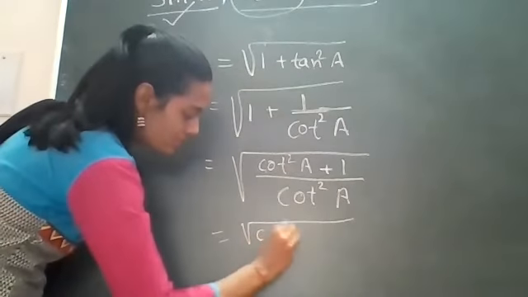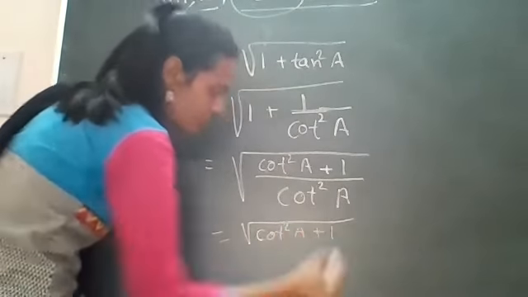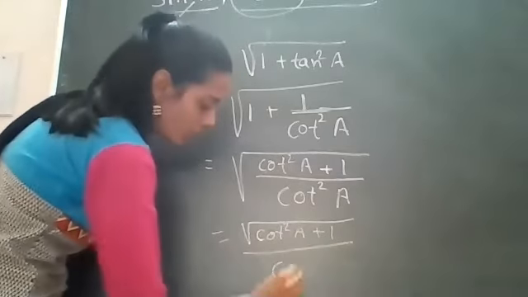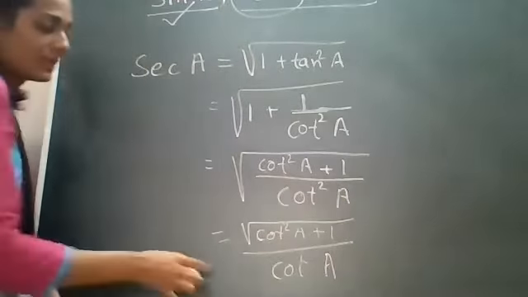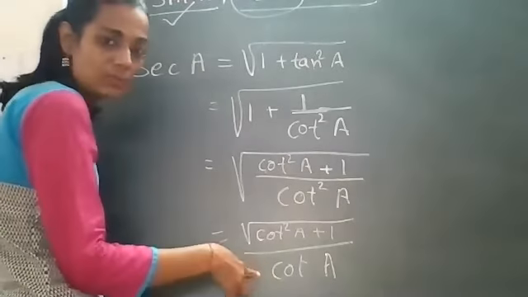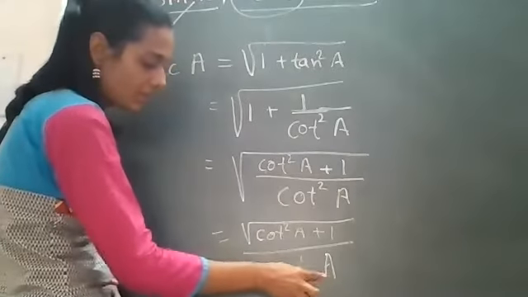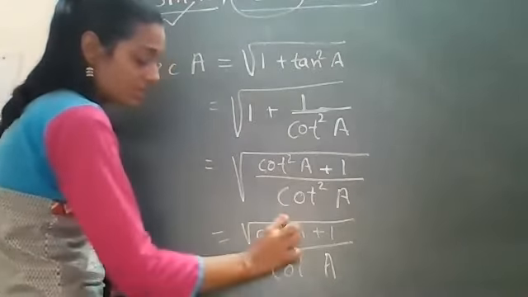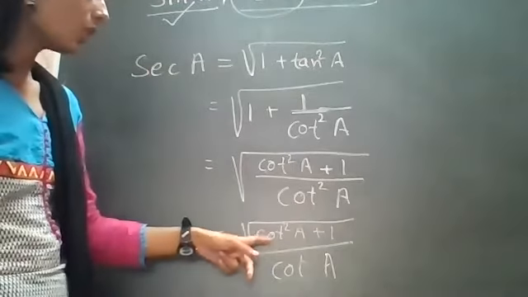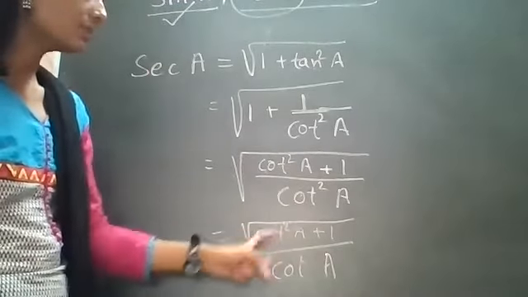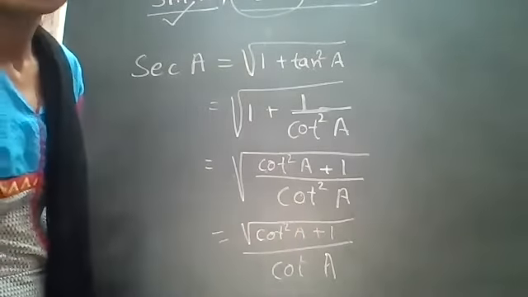So we can write under root of 1 plus cot square A upon cot A. Here square and this square root will be cancelled out in the denominator. So in denominator only cot A will become, and here under root of cot square A plus 1, or you can write 1 plus cot square A. Okay?